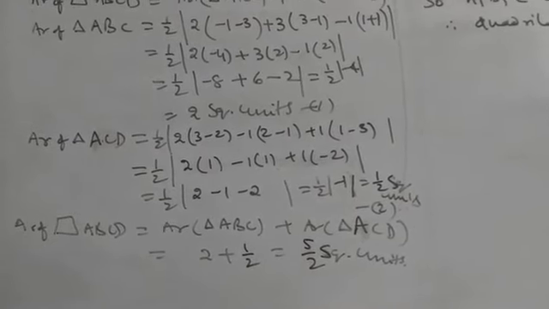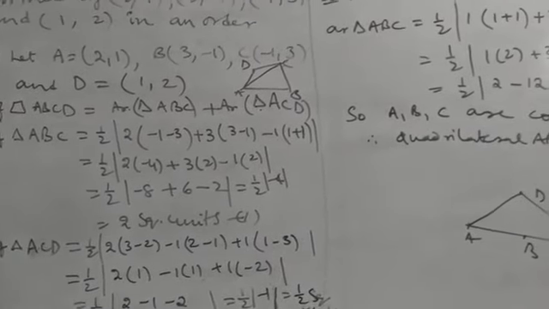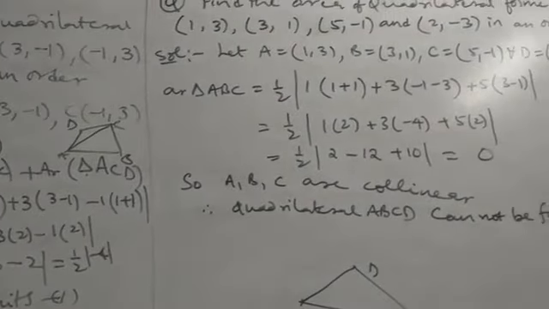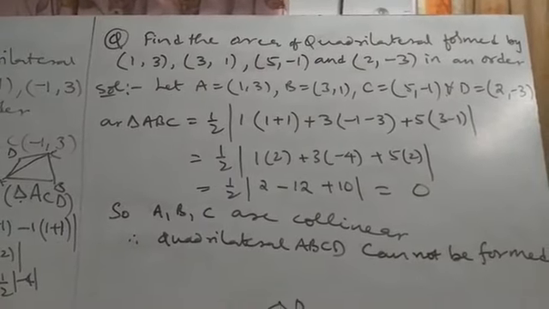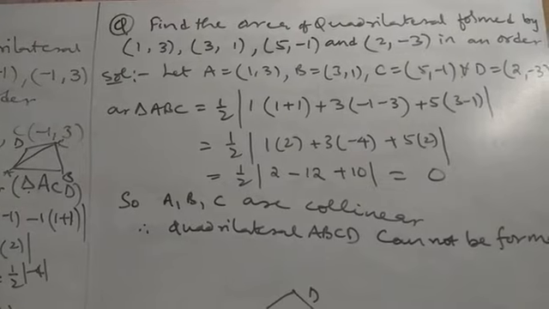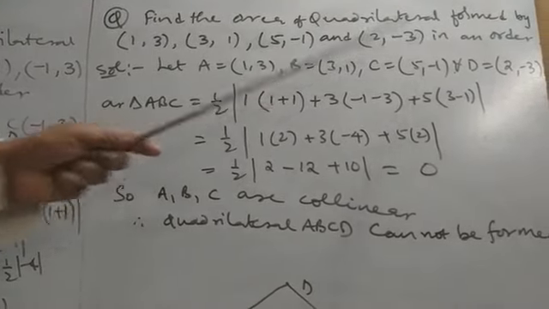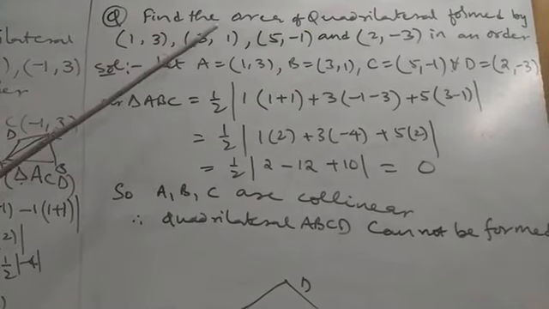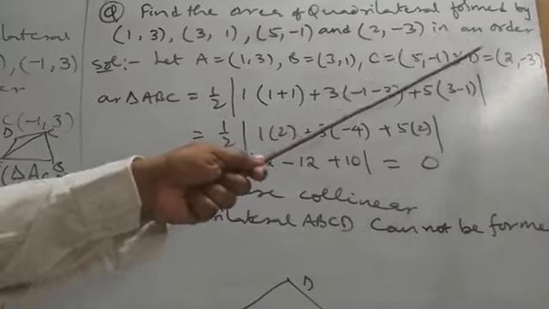Let us observe one more example. Find the area of the quadrilateral formed by (1, 3), (3, 1), (5, -1) and (2, -3) in order.